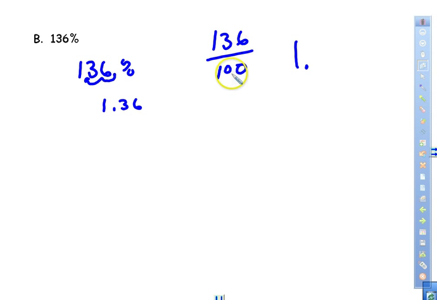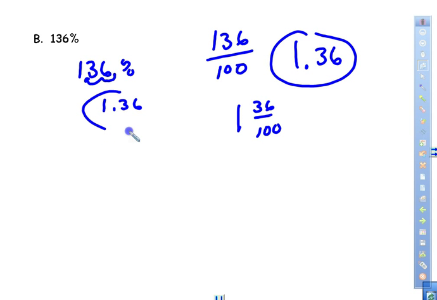So really you would have to write this as a mixed number, which when we do that, we get 1 and 36 over 100. So once you do that, that's why we get the 1 in front of the decimal point, and then 36 hundredths gives me 36 hundredths as the decimal value. So you can see we get the same answer, just a little different thought process.